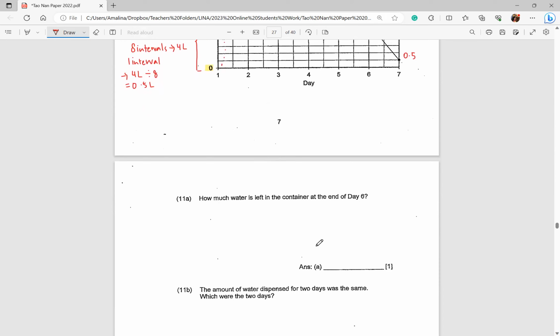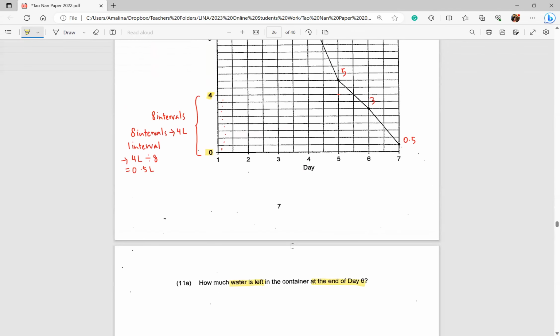For part A, how much water is left in the container at the end of day 6? You must be very careful. You are asking for the water left at the end of day 6, not at the start of day 6. At the start, I would look at the data point for day 6.